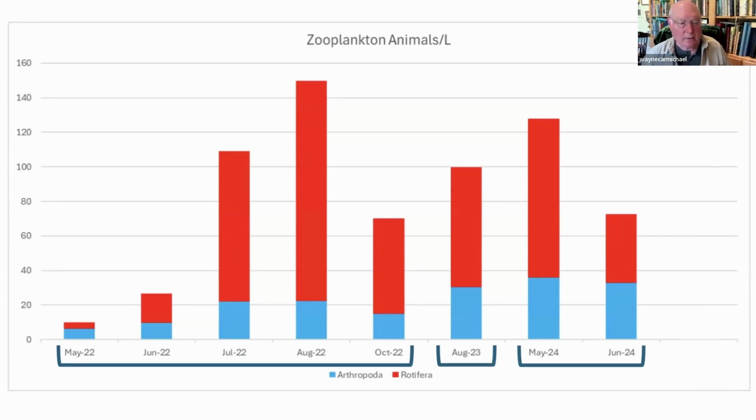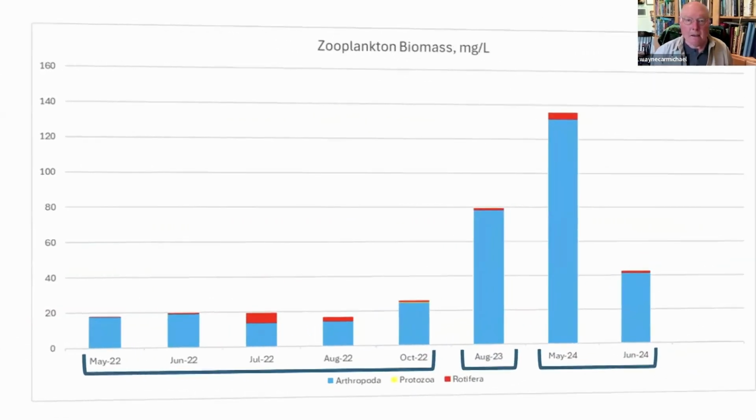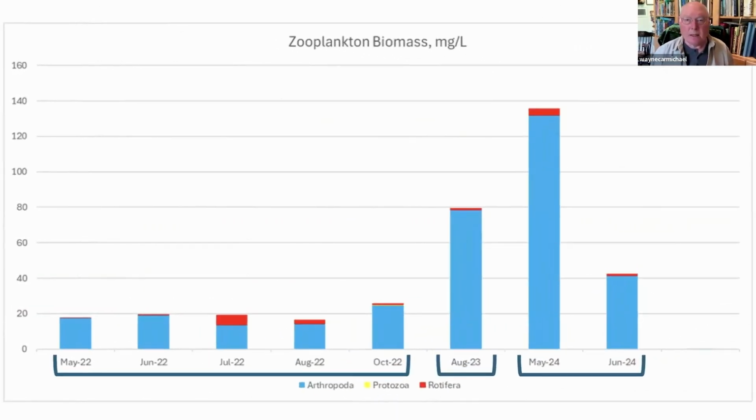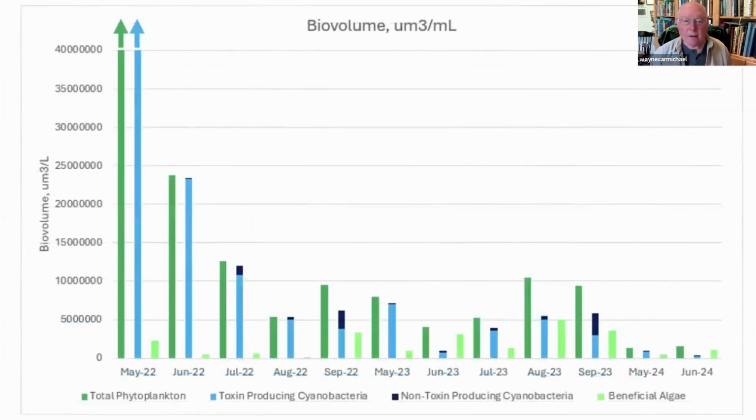But notice on the left what the situation was in May of 2022 and how that improved over the course of the treatment process. Same thing with the zooplankton biomass. In this case, you notice that the arthropods compose most of that biomass, but they're the larger ones, the insects. They tend to be the ones that consume the rotifers and the protozoa. So back to that biovolume graph.